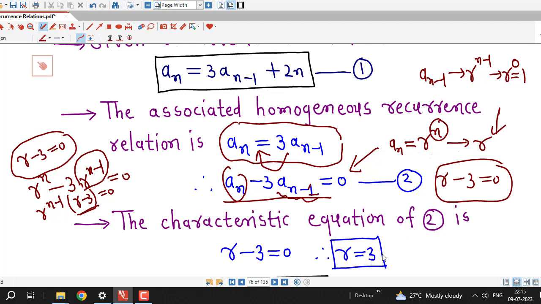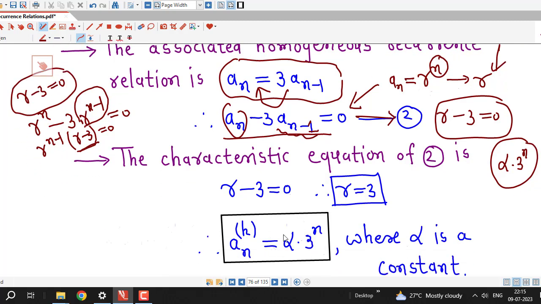There is only one root of the characteristic equation, because this is recurrence relation of first degree, and therefore the general solution of this homogeneous recurrence relation is alpha times r raised to n, and r is 3 here, that is alpha times 3 raised to n, and that we denote by anh.